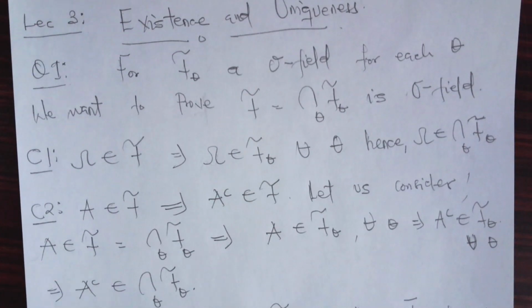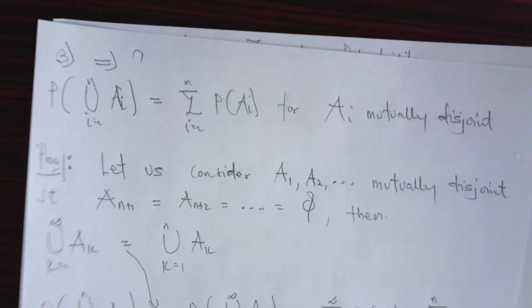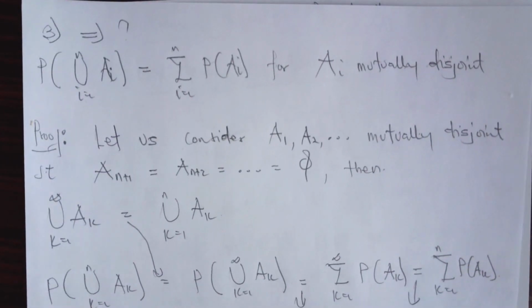Okay, so we move on to the next question that we're trying to solve. Remember, under the axioms of probability, condition 3 needed the probability of the countable union to be equal to the sum of their individual probabilities.